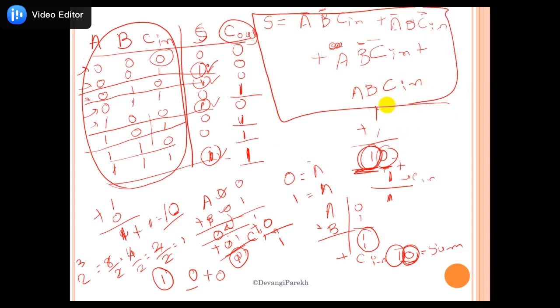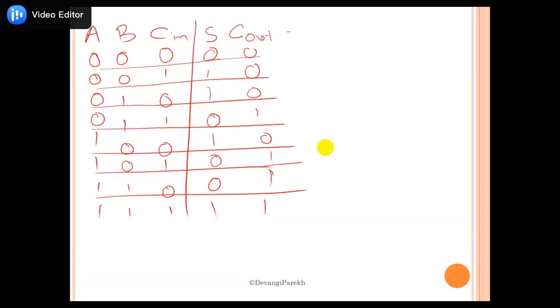Now we are going to see how we can generate the Boolean expression for carry. Now we will see how we are going to generate the Boolean expression for C out. So first of all, we have to write C out here. To write the Boolean expression from the table, first we need to understand in which conditions the C out will produce a high result.